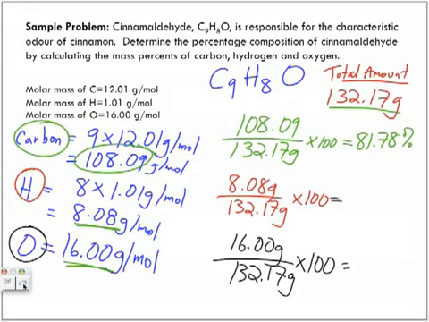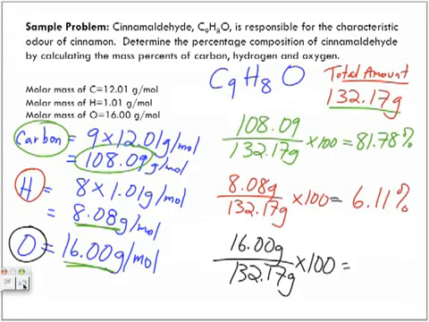81.78%. When we divided now the hydrogens, what did we get? Percent.